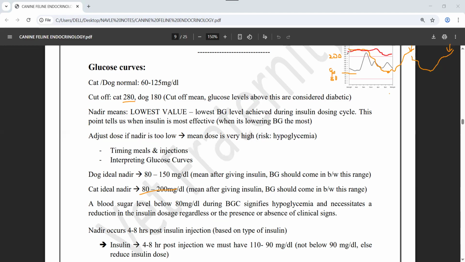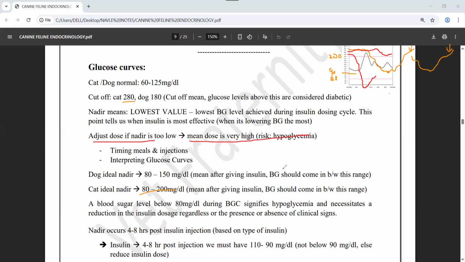Similarly, if you have given the insulin, and it brings glucose down so much that it gets lower than 80, that means your dose is very high, then you have to reduce the dose of insulin. That's why these glucose curves are very important. Adjust the dose if the nadir is too low, because too low means there is risk of hypoglycemia.